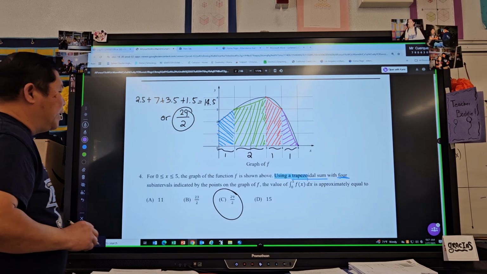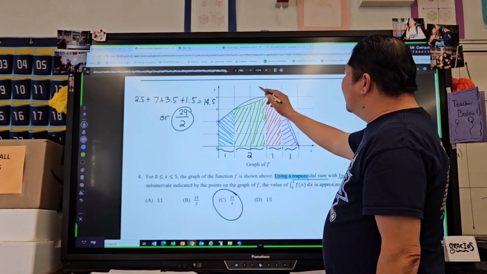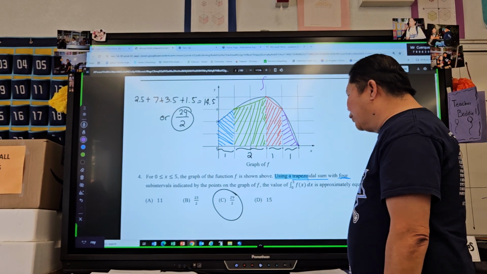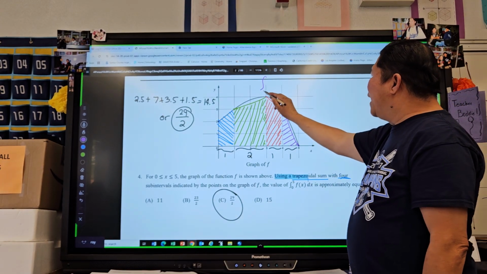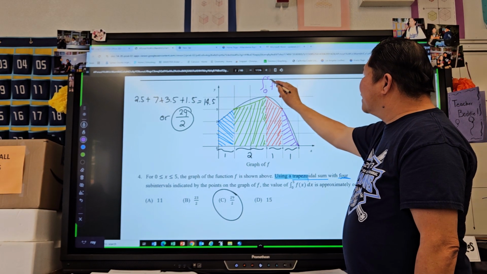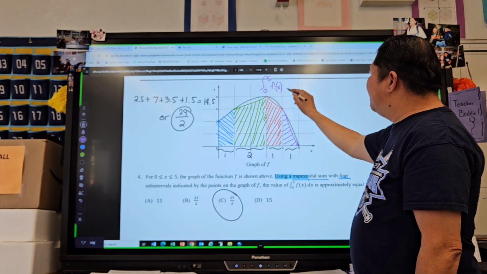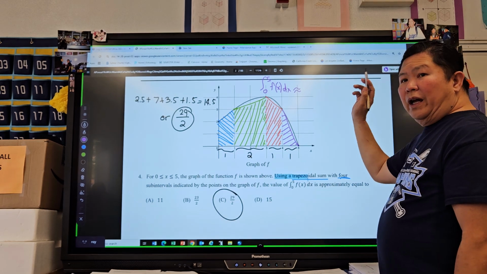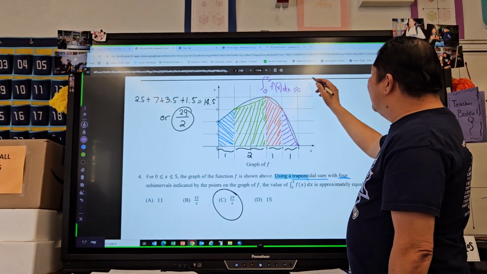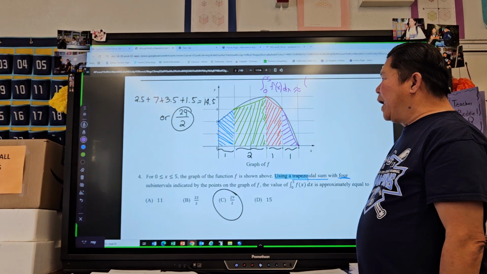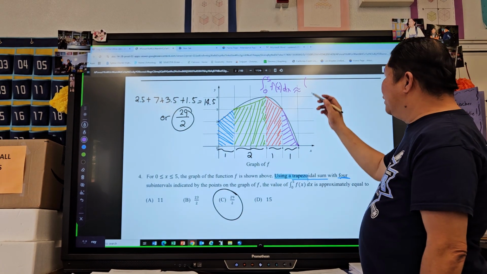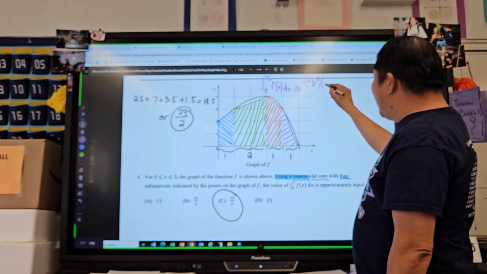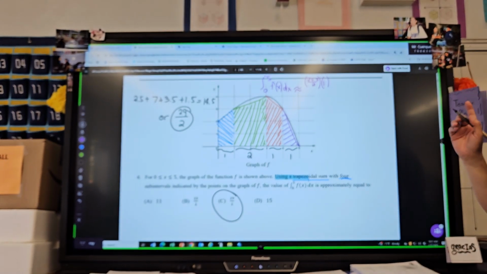So doing free response, we have the integral from 0 to 5 of f of x dx is approximately equal to, you're gonna have to show it this way. Okay, so 2 plus 3 over 2 times the height 1. Show it that way.